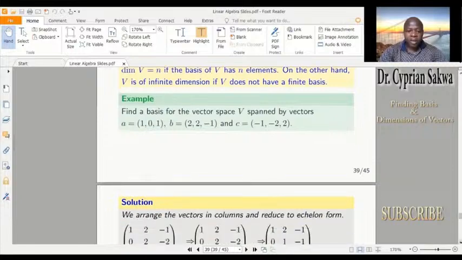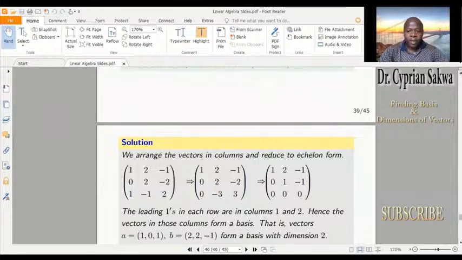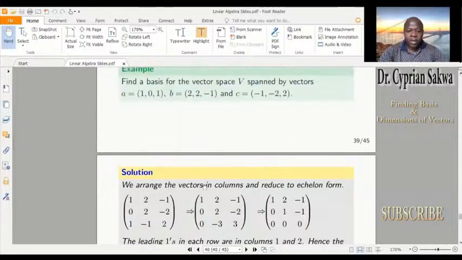I will begin by showing the first way. In the first way, we arrange the vectors in columns and then reduce to echelon form. So my first column will be vector A, the second column is vector B, then the third column is vector C.